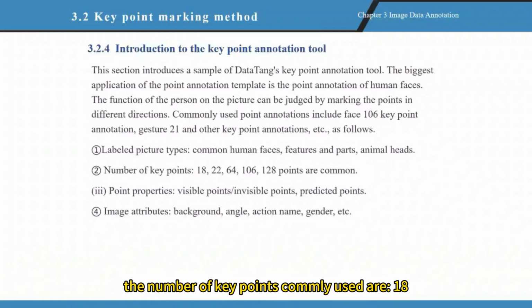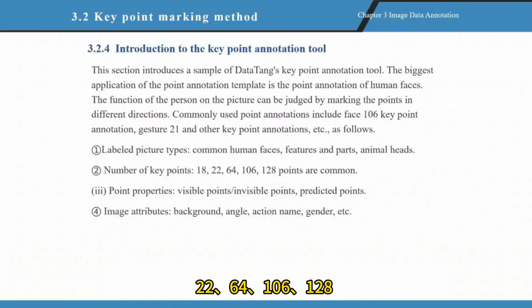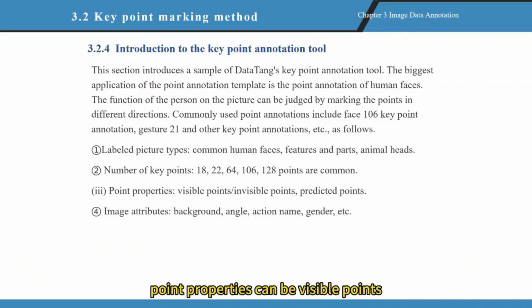The number of key points commonly used are 18, 22, 64, 106, 128. Point properties can be visible points, invisible points, or predicted points. Image attributes include background, angle, action name, gender, etc.